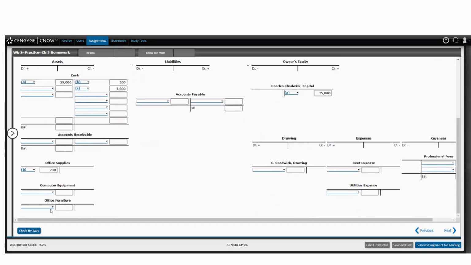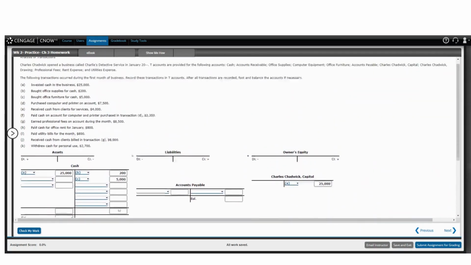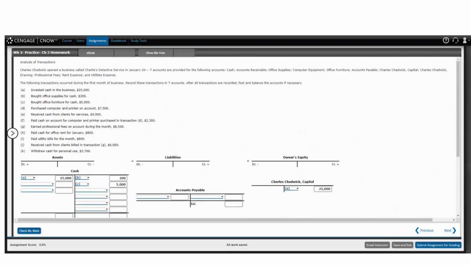I'm going to go down here. I'm looking at C, $5,000.